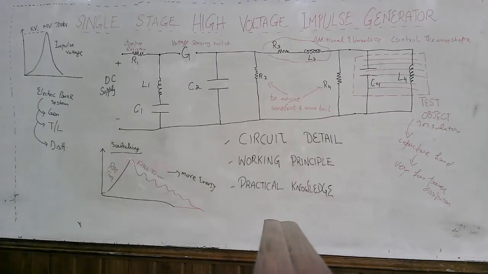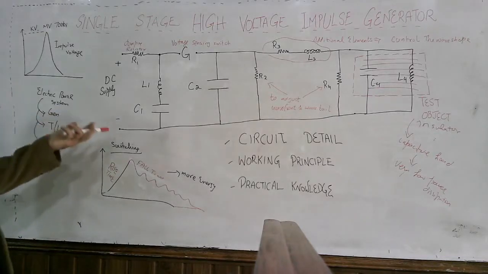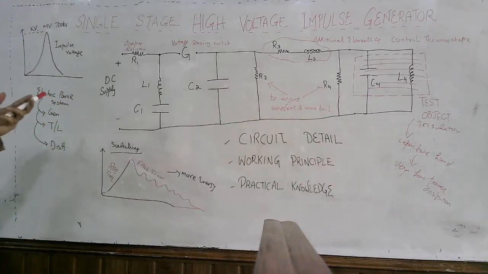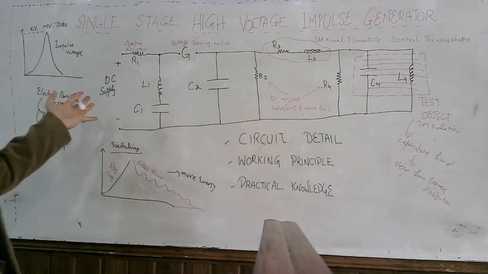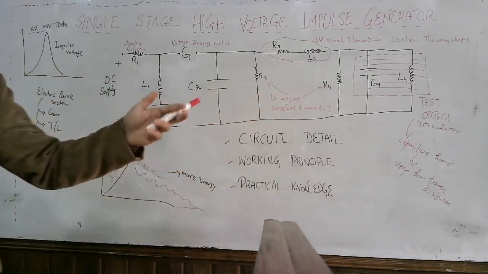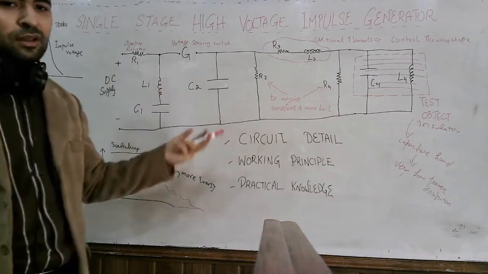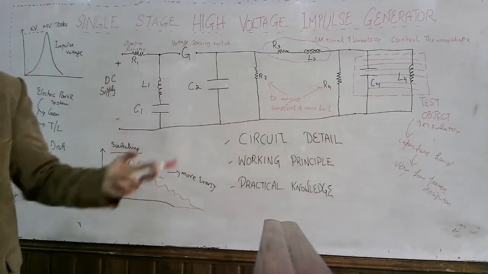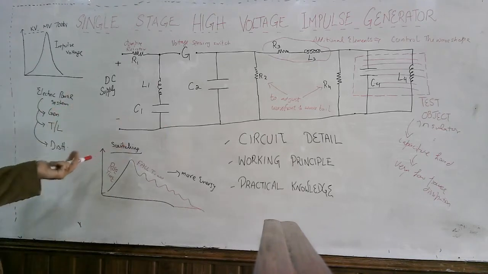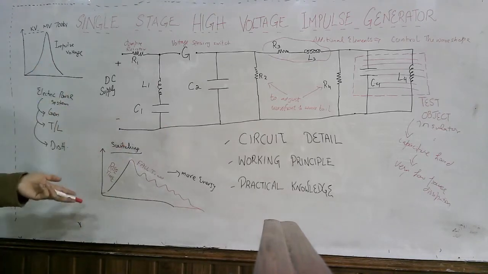Now which type of circuits are commonly used in our applications for impulse generation? This is the complete circuit, but it is not necessary that you go for this complete circuit. This circuit can also be minimized, modified or simplified to an extent depending on the type of waveform you require.